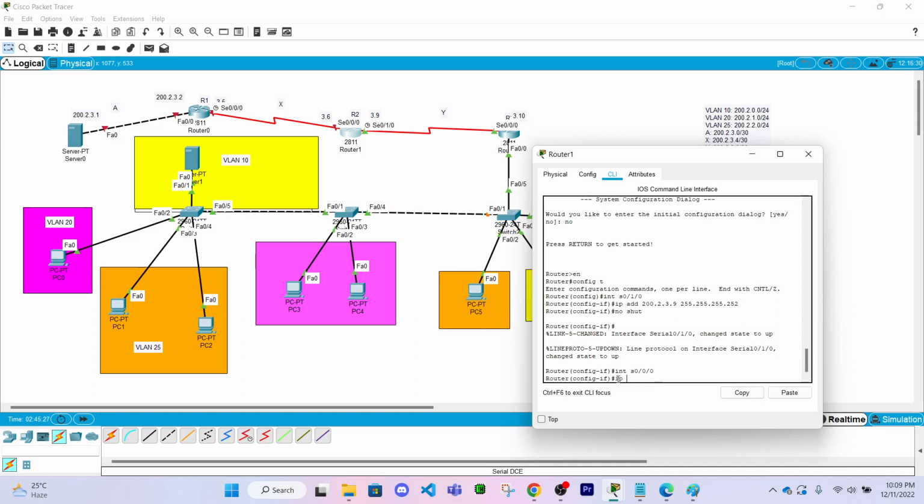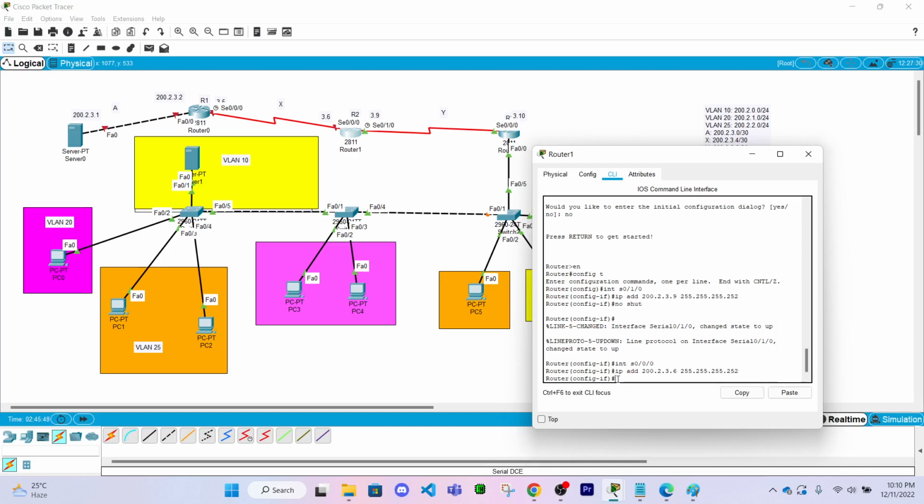Enter, IP address, and the IP address of this is 3.6, so 200.2.3.6. Enter, 255.255.255.252. Enter, then no shut. No shut.